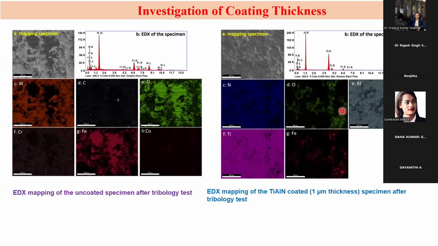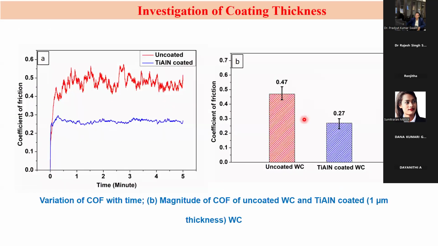These asperities break off from the less hard surface, and maybe sometimes from the harder surface, and they come in contact between the two mating surfaces and act as a third body, which progresses this abrasion. So due to this, for the coated surface the adhesion is less, and accordingly we can get a lower coefficient of friction for the coated surface.